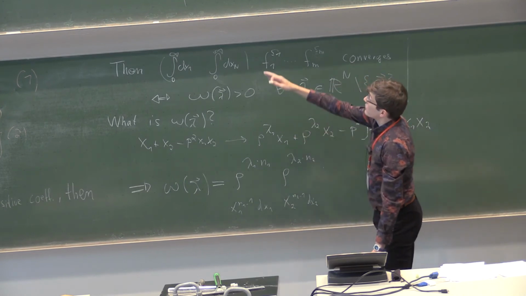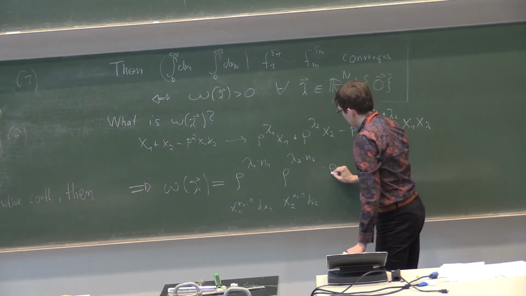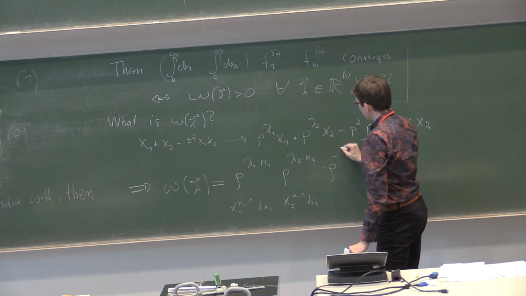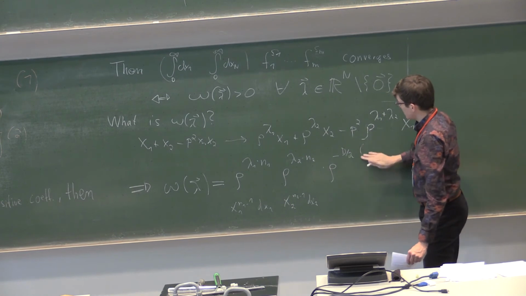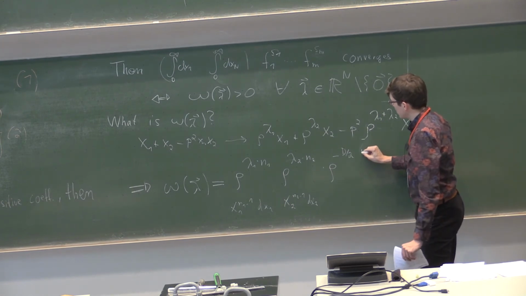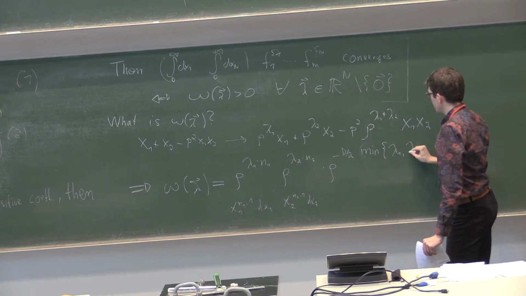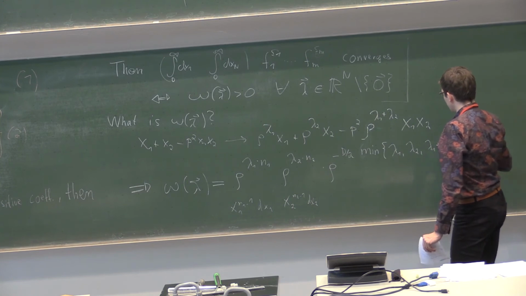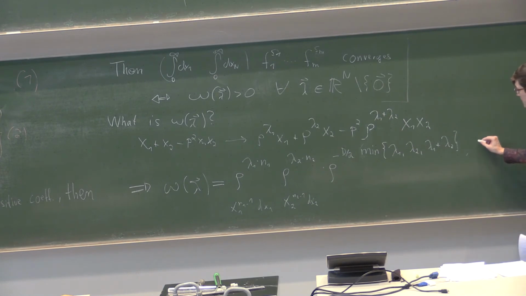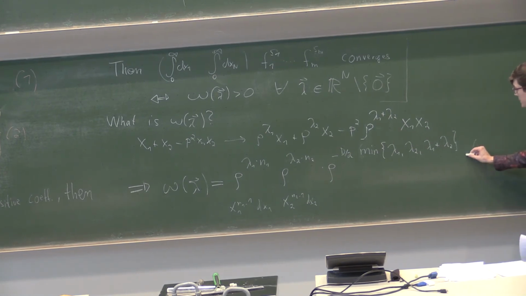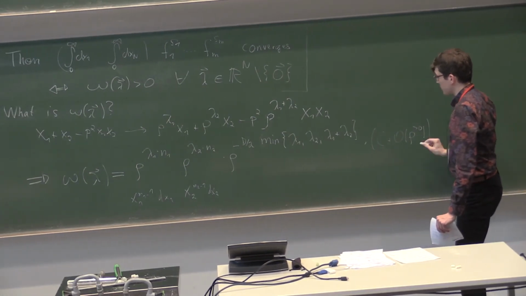And then from the Lie-Pomeranski polynomial, you get, as we just computed, rho. But first of all, you have this minus d over 2 that you raise the whole thing to. But then what is the exponent of rho inside? Well, it really depends, right? It's the minimum of lambda 1, lambda 2, and lambda 1 plus lambda 2. So there's some constant here, and then we have stuff which vanishes for small rho.